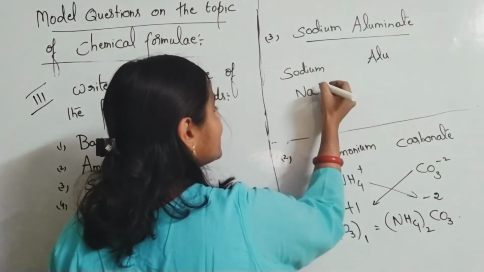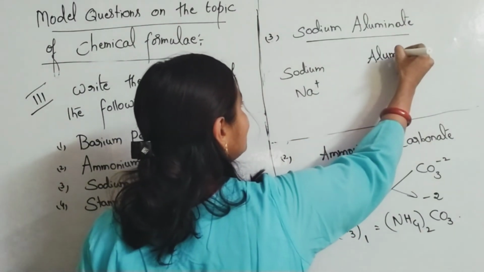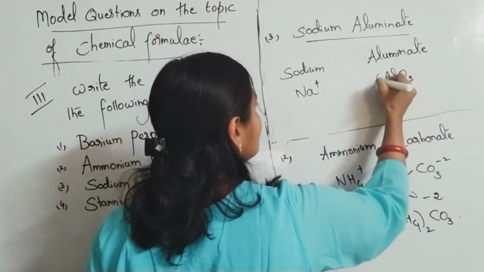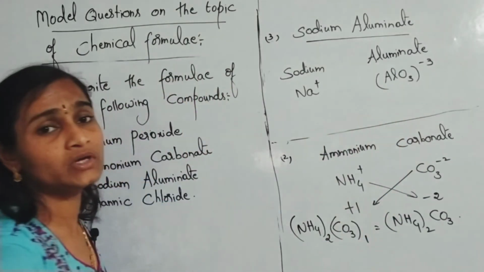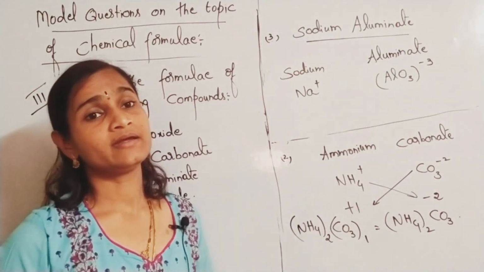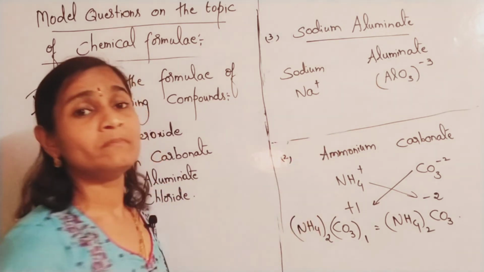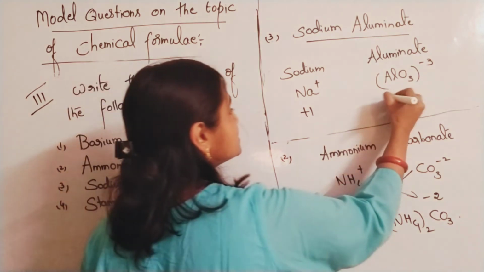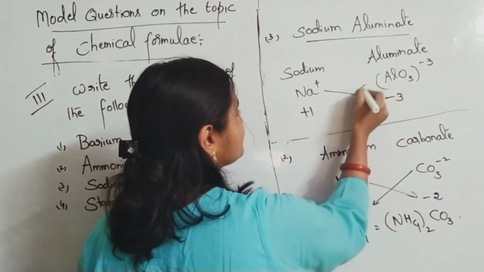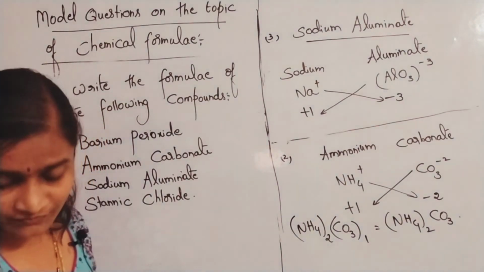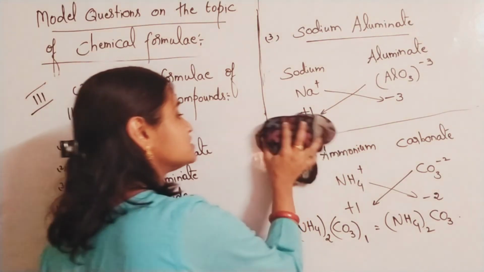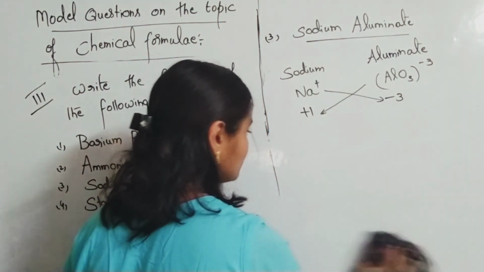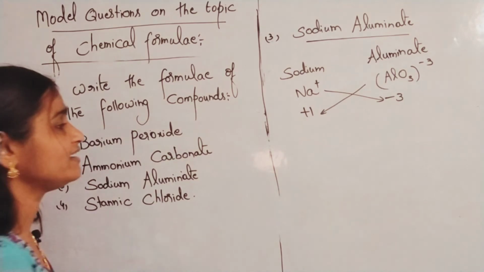Sodium ion is Na plus ion. Aluminate ion is AlO3 -3. It's a compound ion, so you will be keeping that in bracket. Okay, parenthesis or bracket, anything you can call, right? So charge here is +1, charge here is -3. Irrespective of the sign, plus or minus, cross over the charges, you will get the relevant formula of the compound.